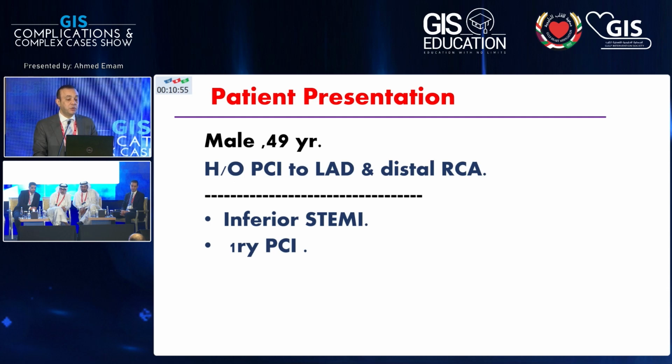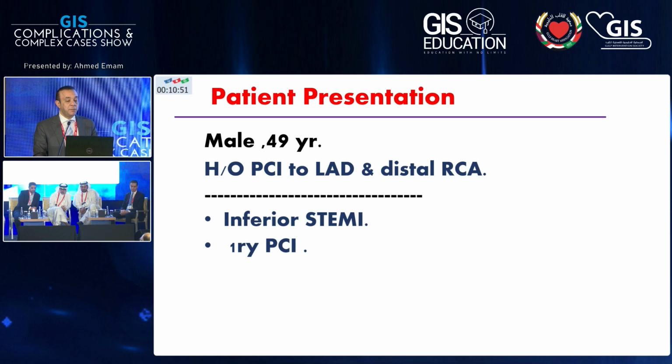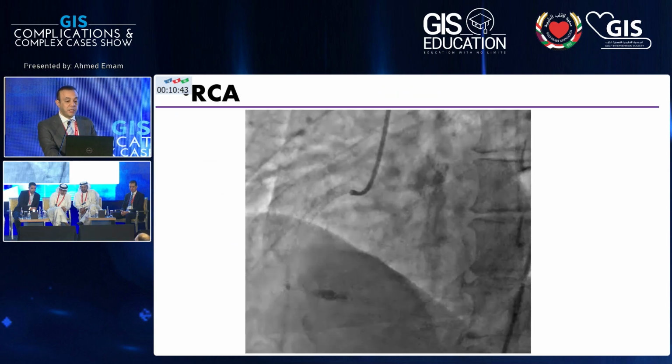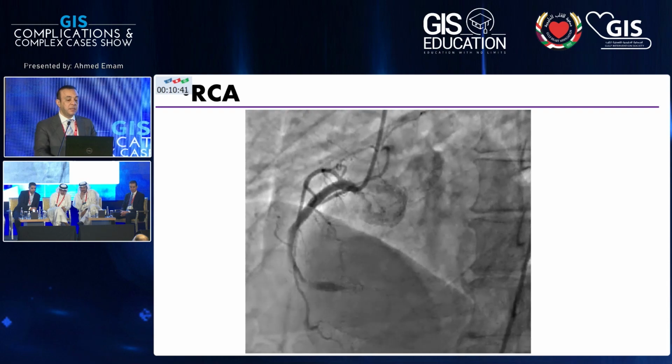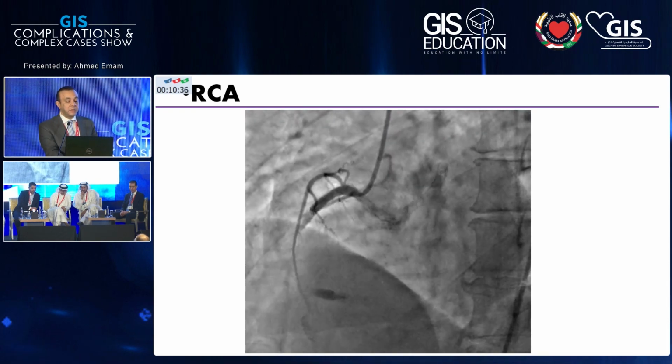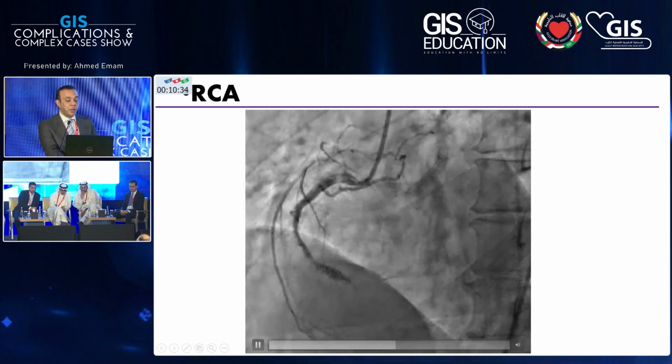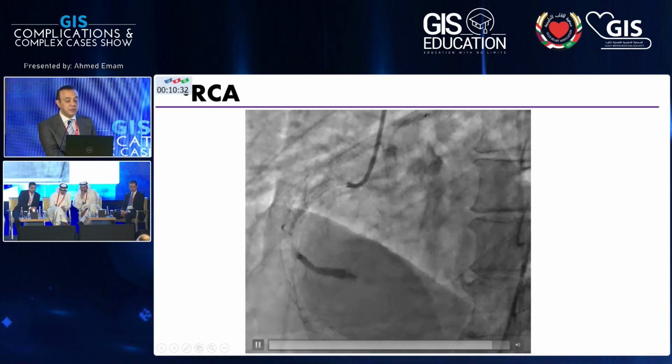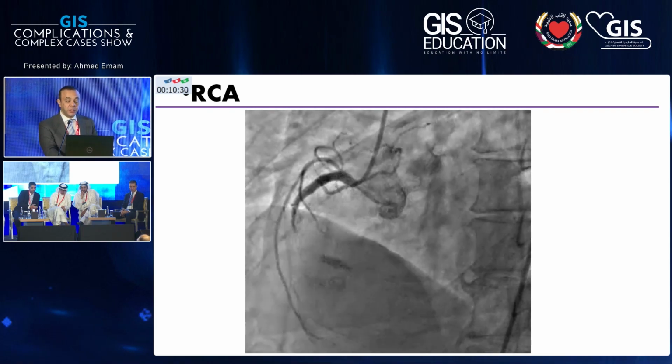This is another male patient, 49 years old, with a history of PCI, previously PCI to the LAD and distal RCA. He also presented with inferior STEMI and was shifted, of course, for primary PCI. And this is what we had in his RCA. As you can see here, there is a big thrombus in the previously deployed stent in the distal part of the vessel.